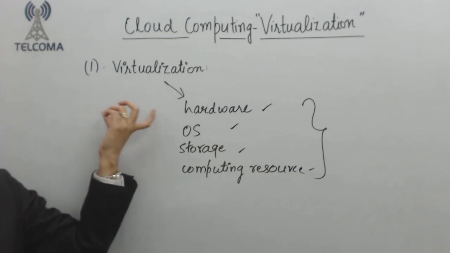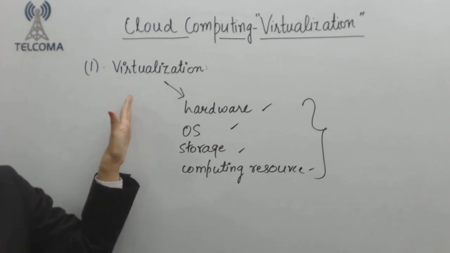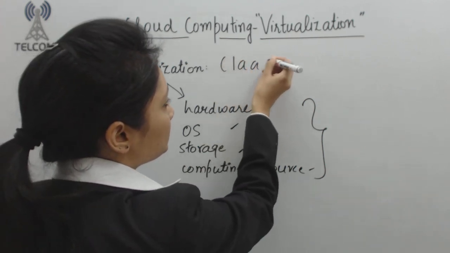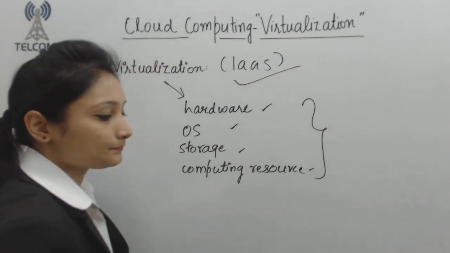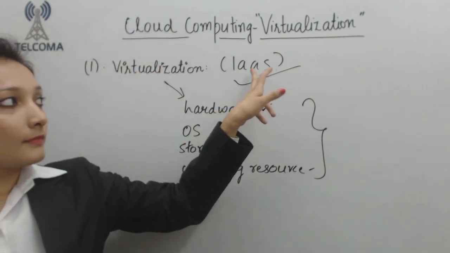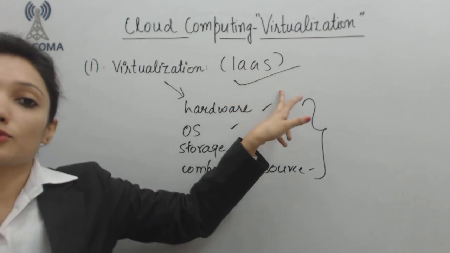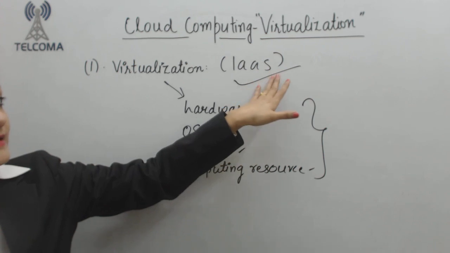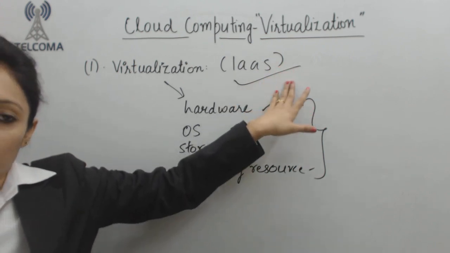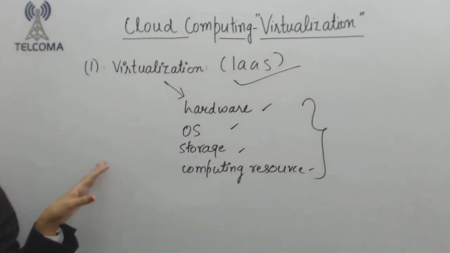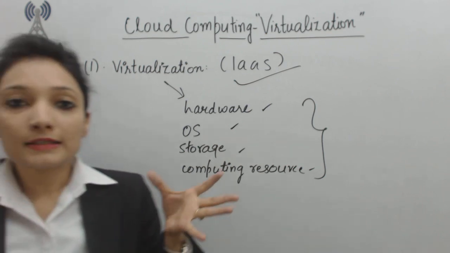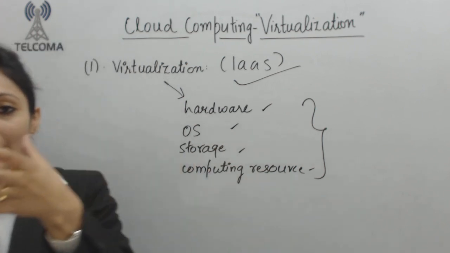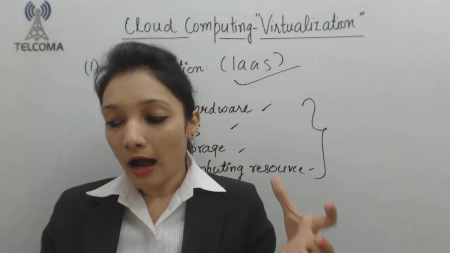So that means this virtualization is used in the infrastructure as a service of your cloud computing. This particular service of cloud technology is enabled by virtualization. The concept is basically creating a virtual machine over the existing operating system and hardware.